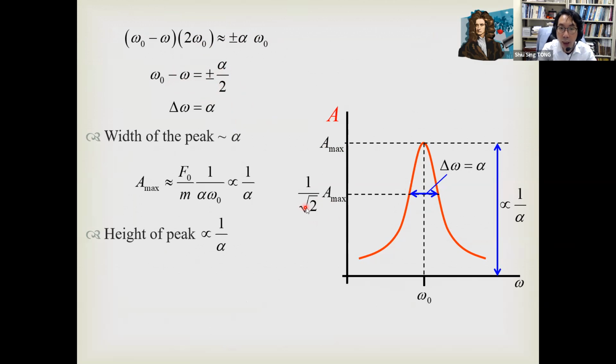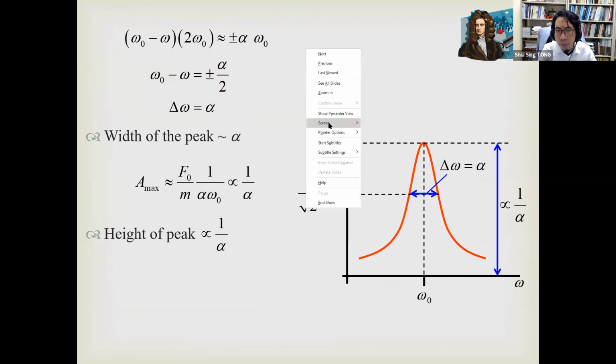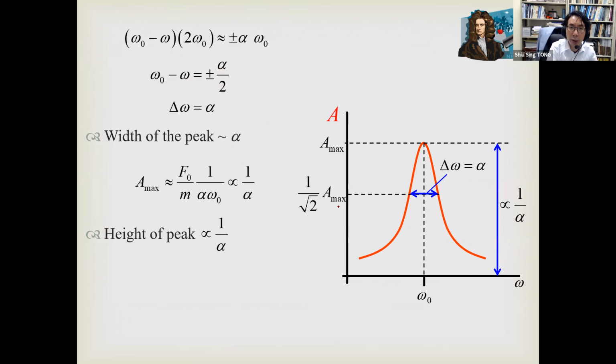The 2 solutions are omega equal to omega naught plus alpha over 2 and omega equal to omega naught minus alpha over 2. The first solution is here, and the second solution corresponds to here.